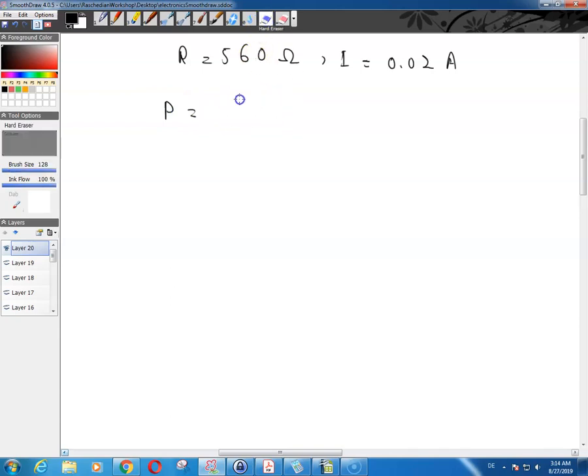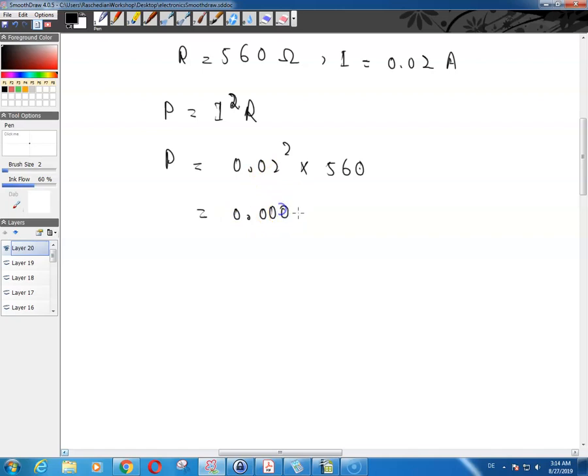That is 0.02 squared times 560, which is equal to 0.0004 times 560, which is equal to 0.224 watts.